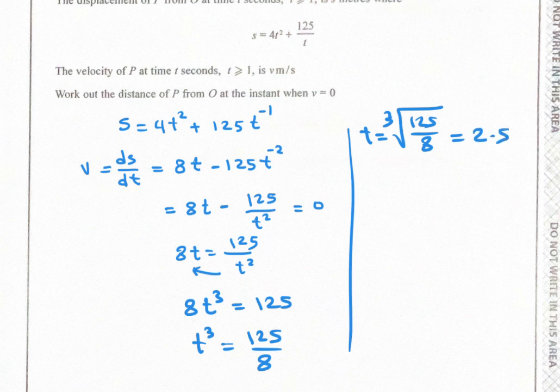Now to find the distance at this instant, substitute t equals 2.5 in s. So the distance equals 4 times 2.5 squared plus 125 over 2.5, equals 75 meters.